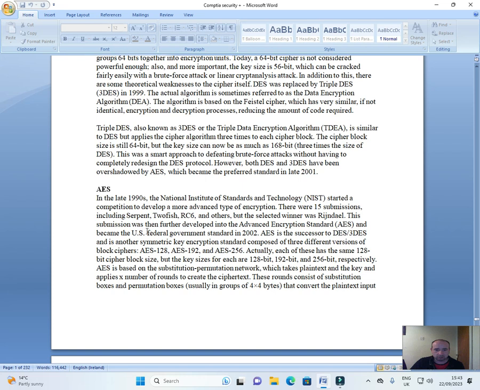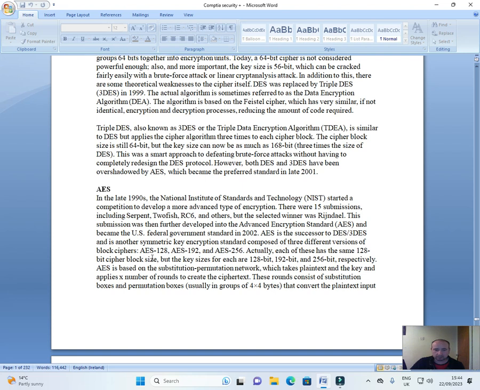This submission was then furthered into the Advanced Encryption Standard, AES, and became the US federal government standard in 2002.